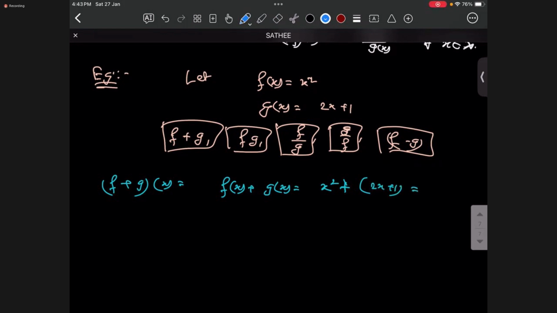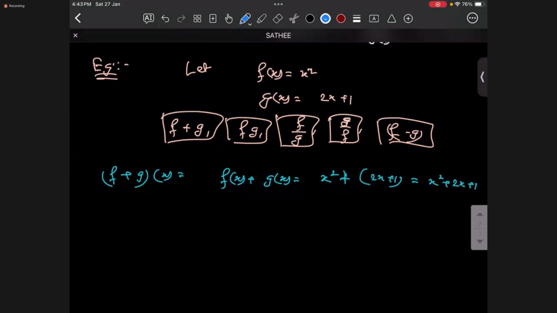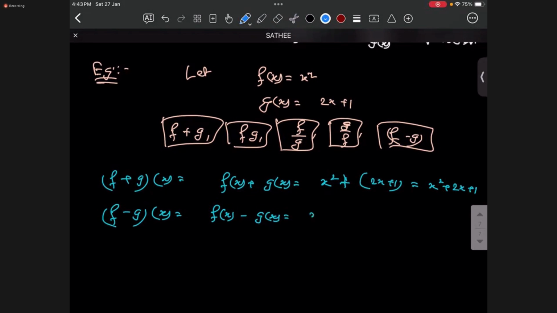So together this implies x square plus x plus 1. Now what about f minus g of x? That is equal to f of x minus g of x. This implies x square minus x minus 1.